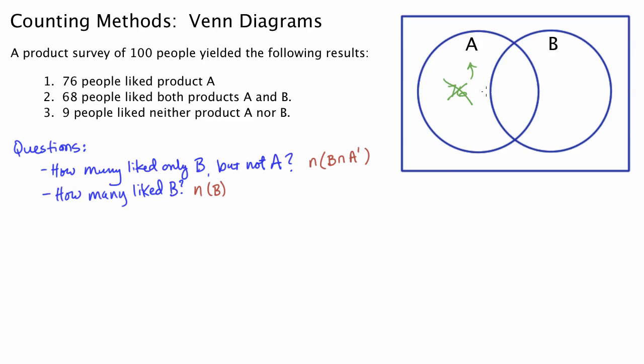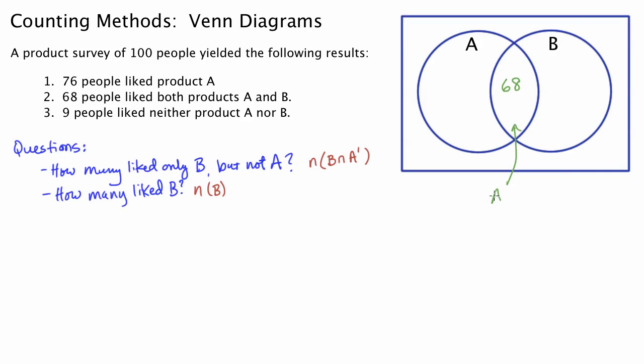And because of that, we need to rethink what we're doing, and we'll start over, and we'll say, okay, there's supposed to be 76 in A, but I can't say anything for sure, so I'm going to hold on. The second piece of information that we're given is that 68 people liked both products. Now, this is something we can use. Because they liked both products, they have to be in the intersection.